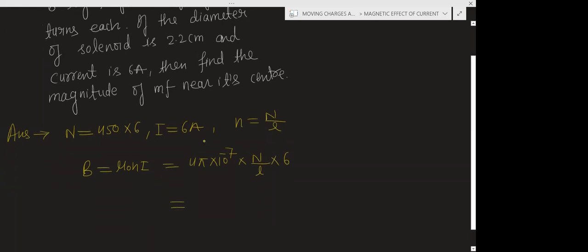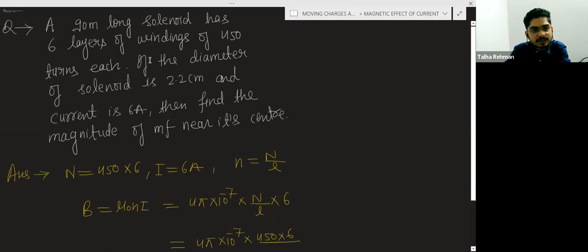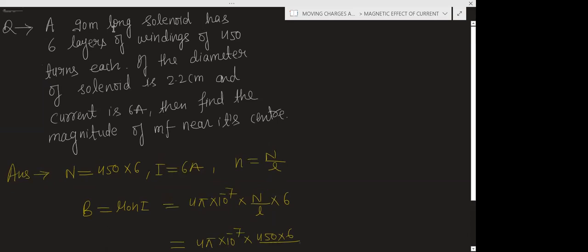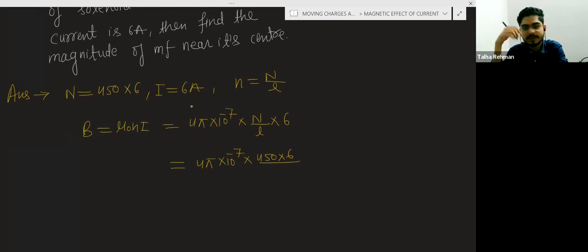So from here we can calculate this: 4 pi into 10 to the power minus 7. This capital N is 450 into 6, divided by the length. Where is length? Length is 90 meter, right? 90 meter is very, very long.